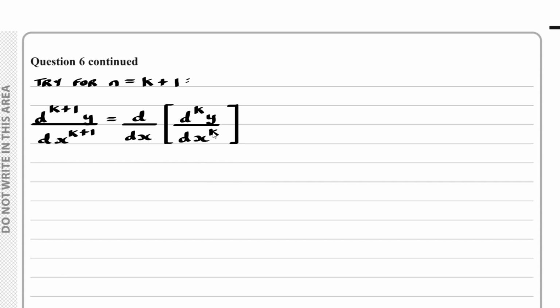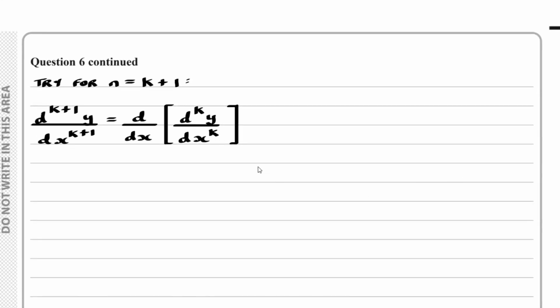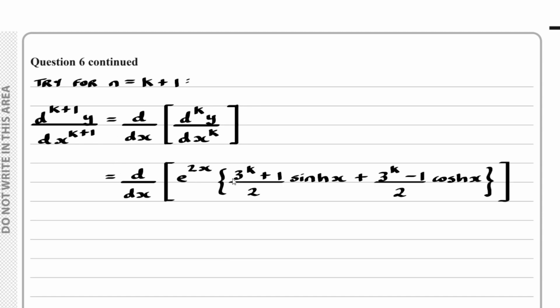Now we know what d^k y over dx^k is. That's what we've worked out here. So we have the derivative with respect to x of e to the 2x multiplied by (3^k + 1)/2 hyperbolic sin x plus (3^k - 1)/2 multiplied by hyperbolic cosine x.